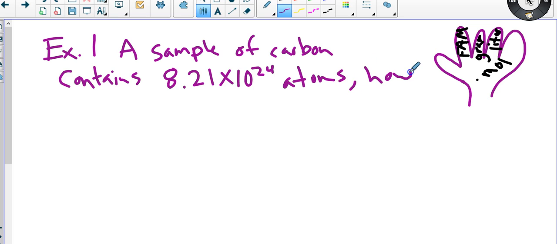How many moles are present? Write this down, and I want you to underline what you're starting with, and circle what you're solving for, just like we did on the do now. There was a reason I made you do that easy do now.